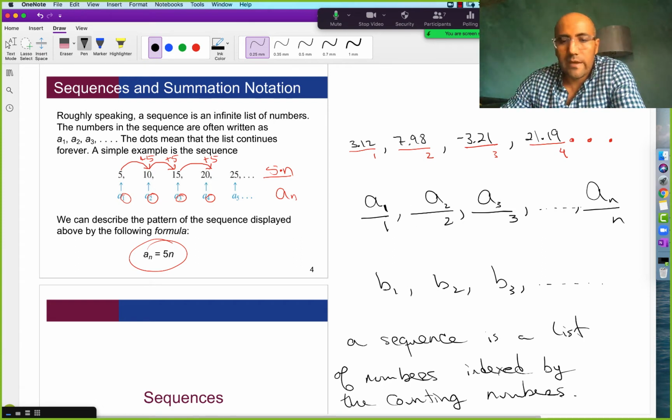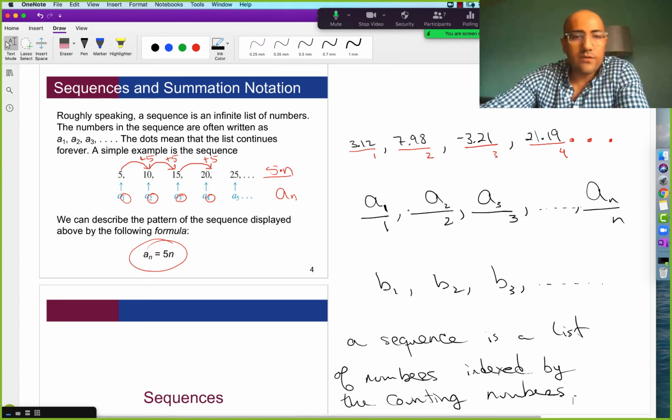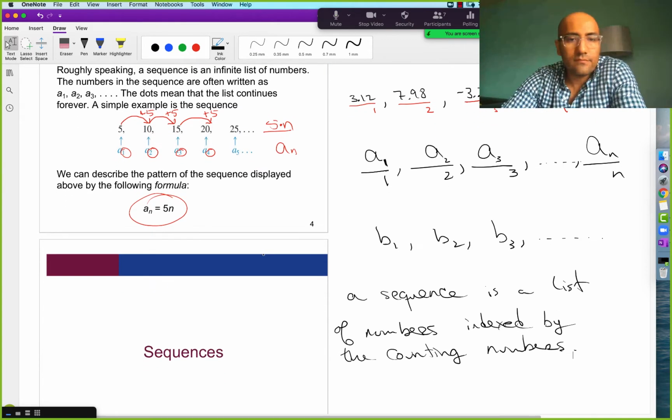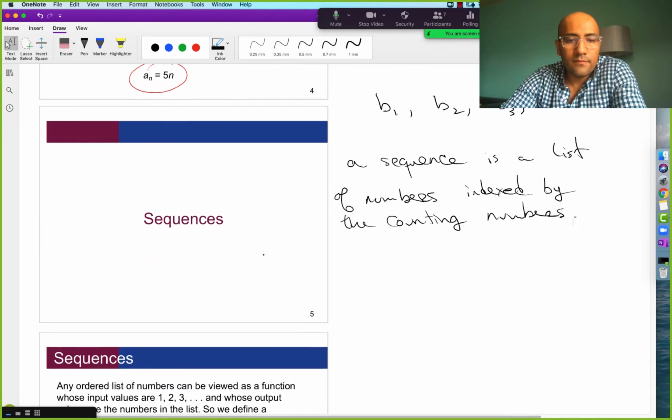Right, and by indexed we mean this, that the counting numbers can identify them in a particular order. The first one on the list, the second one on the list, third one on the list, the fourth one on the list, and that just goes on forever. Good. Any questions at all on what a sequence is? No?